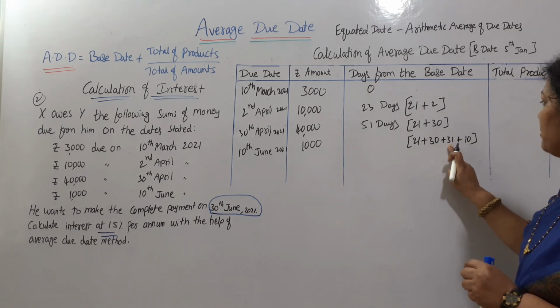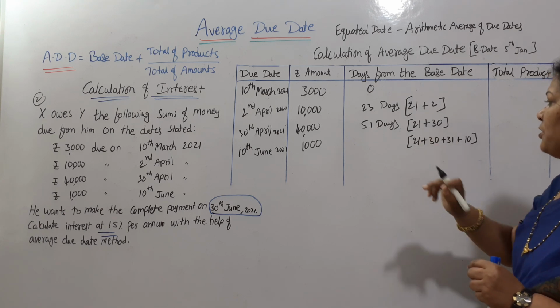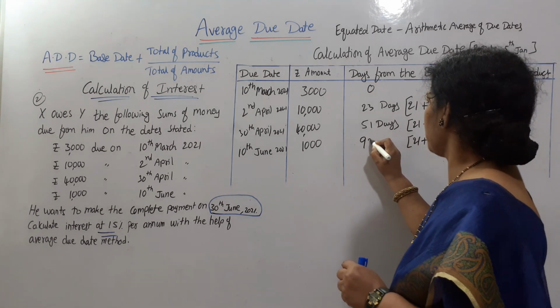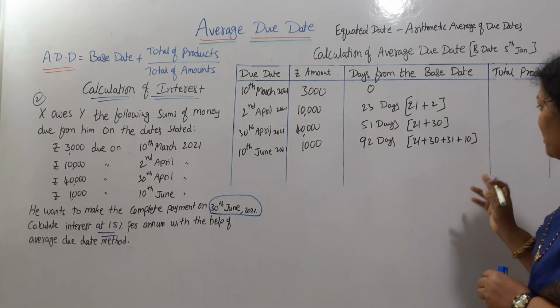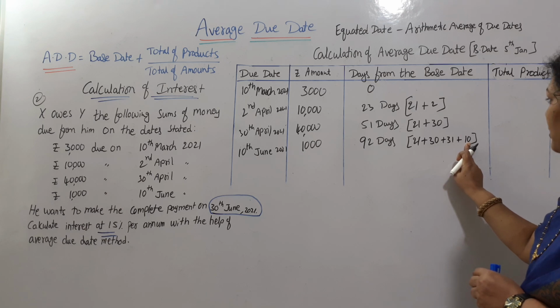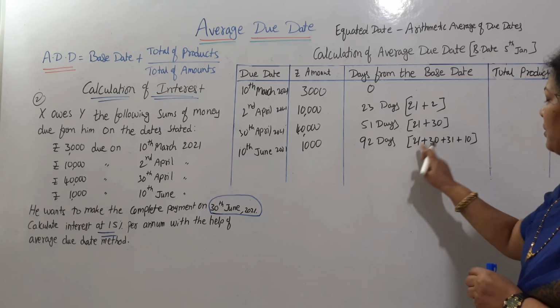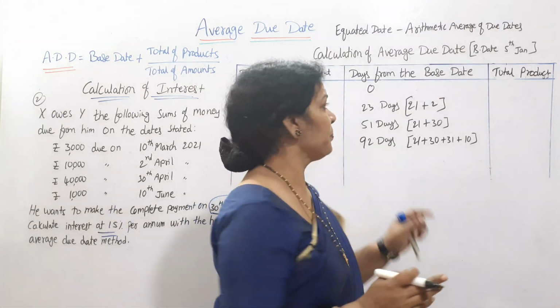It comes to 61, 71, 81, 91, 92 days. Let me check it once again: 61, 71, 81, 91, 92. Yes, 92 days.